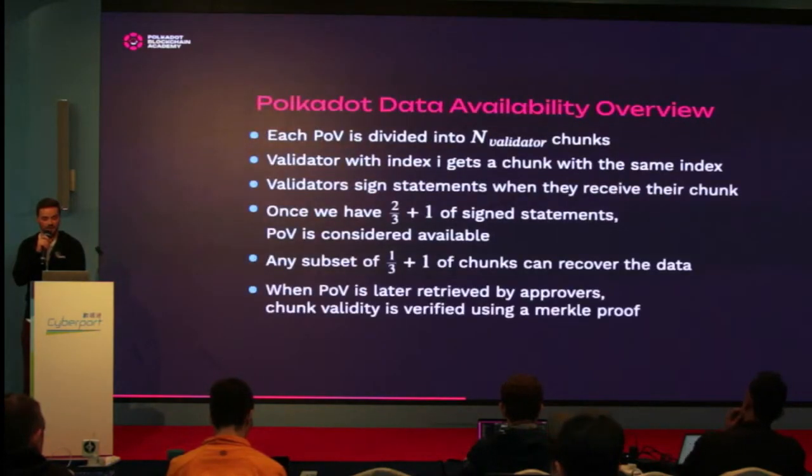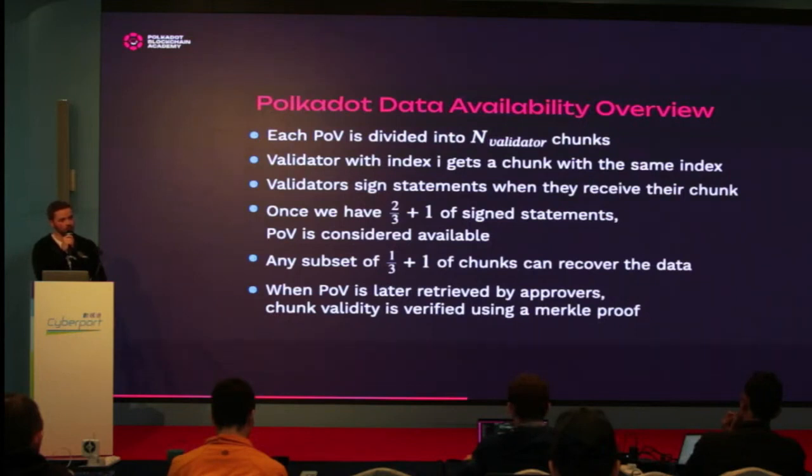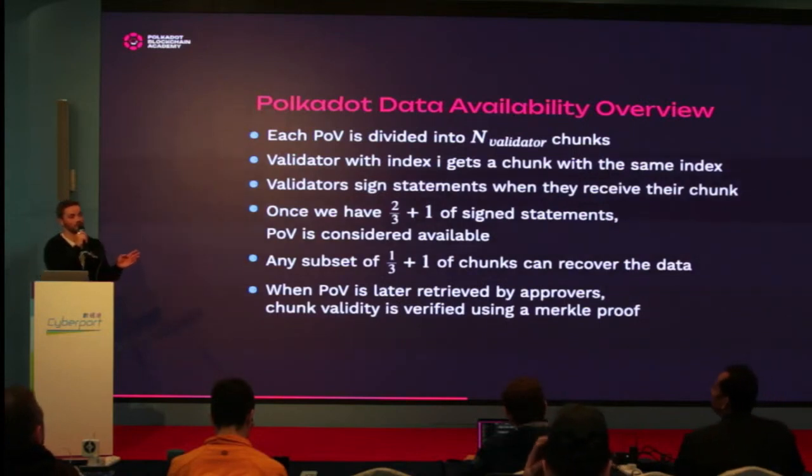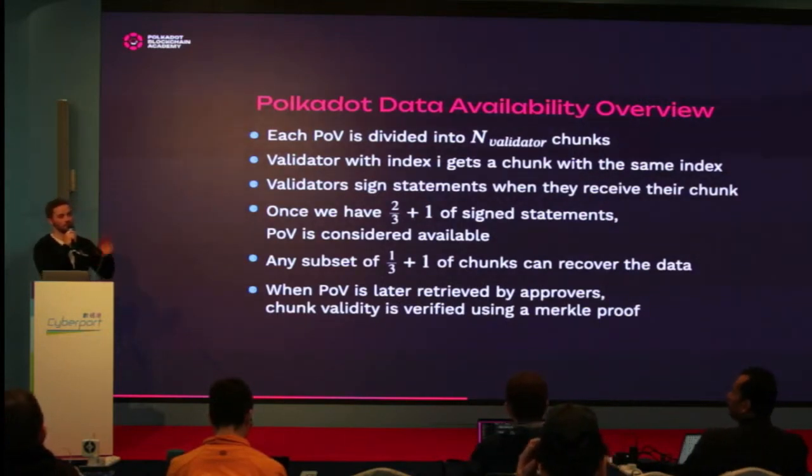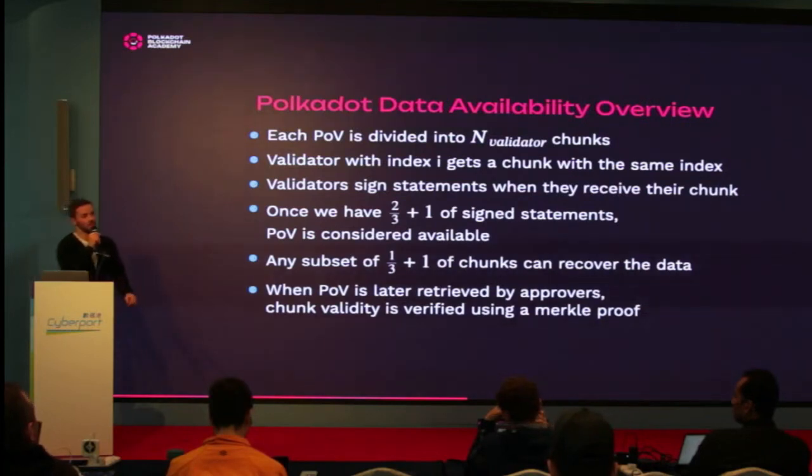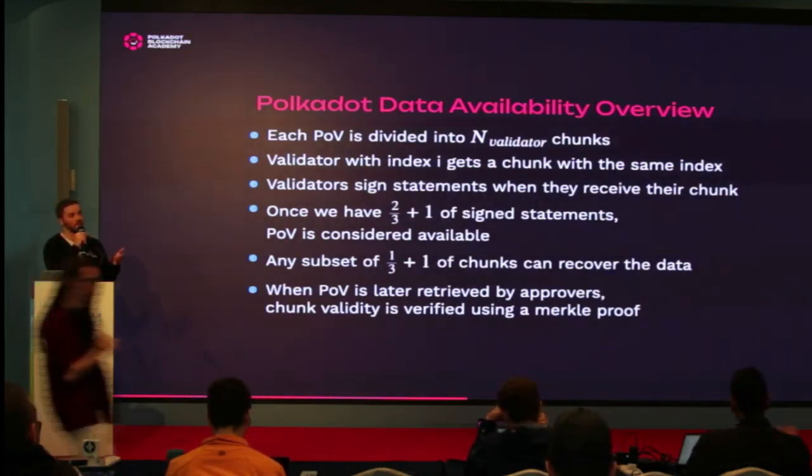So here we're not providing the chunks, we're just saying, do we have them, yes or no? Here, we just say whether we have them, and later, once availability has been obtained, then particular approvers will request the actual chunks, and that's where approvers will actually use the Merkle proofs associated with each chunk to check that they are valid.